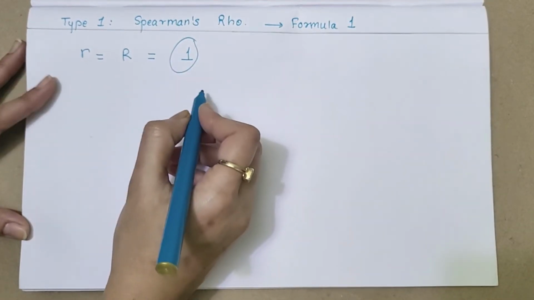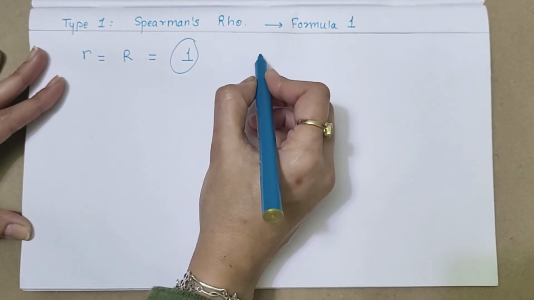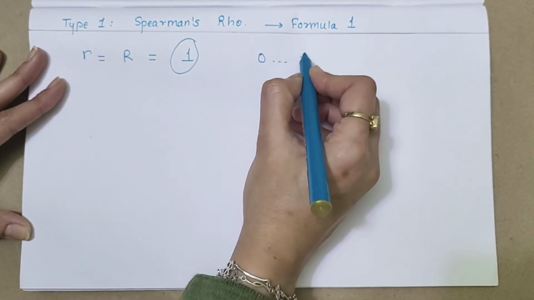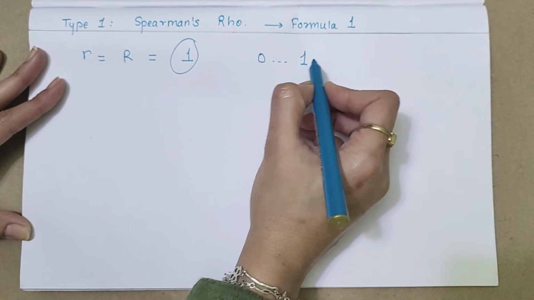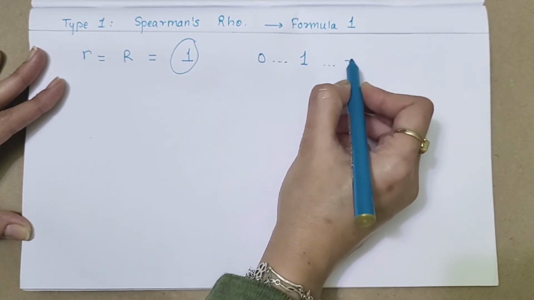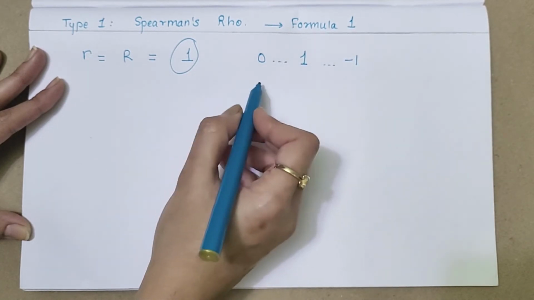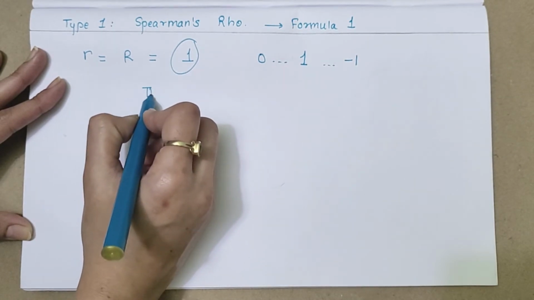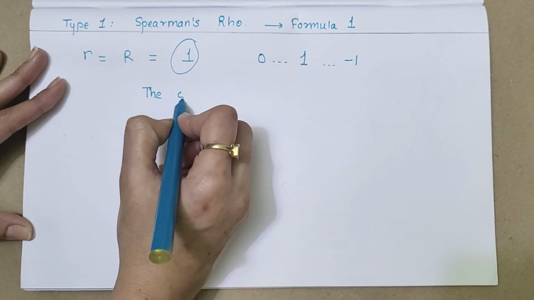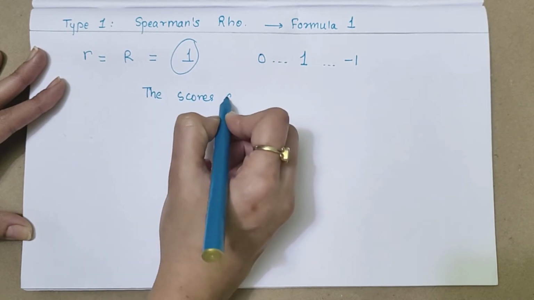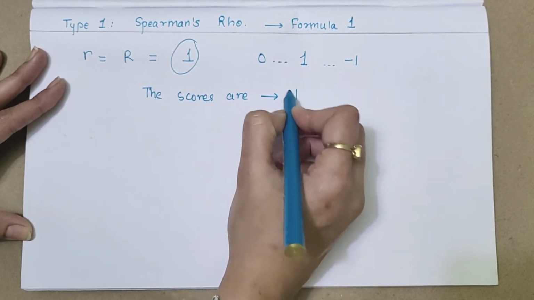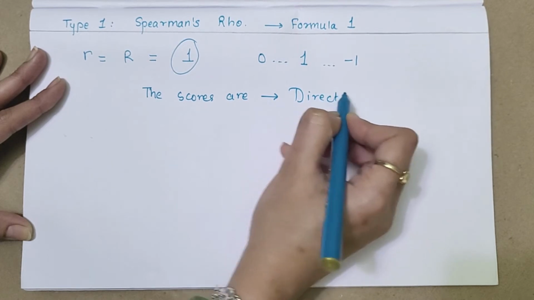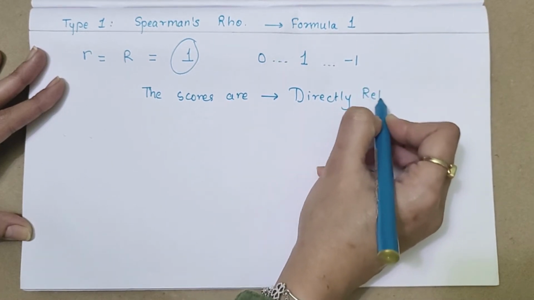So whenever the value is close to 1, that is anything like 0 to 1 or even minus 1, that means the scores are directly related. Okay?